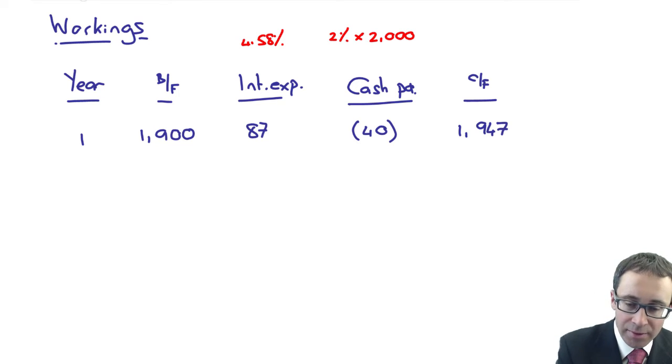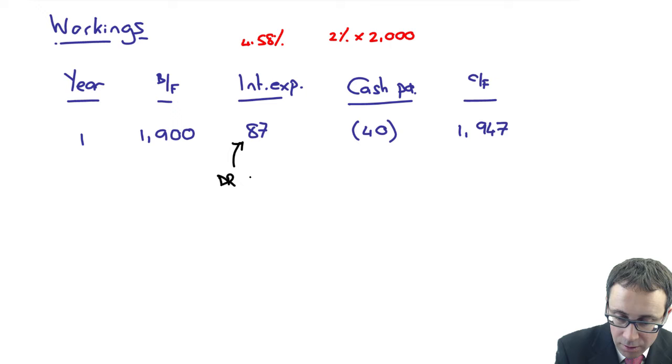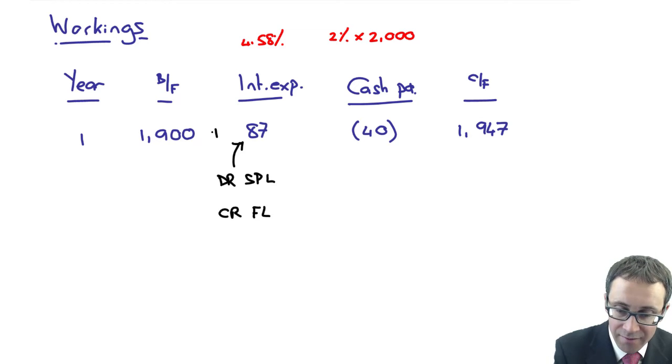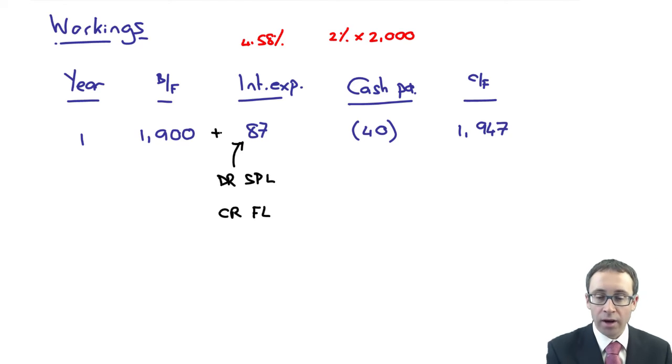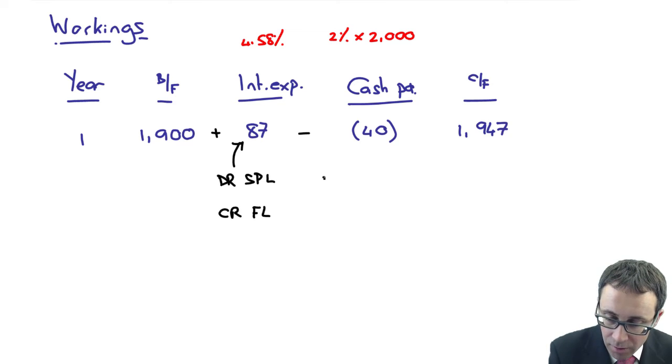Again, if you're interested in the debits and credits, which I'm sure you are, then on the interest expense, you debit your statement of profit or loss, credit your financial liability, which is why we have added the 87 to the 1900. And then we deduct the cash paid, so we debit our financial liability and credit the bank.